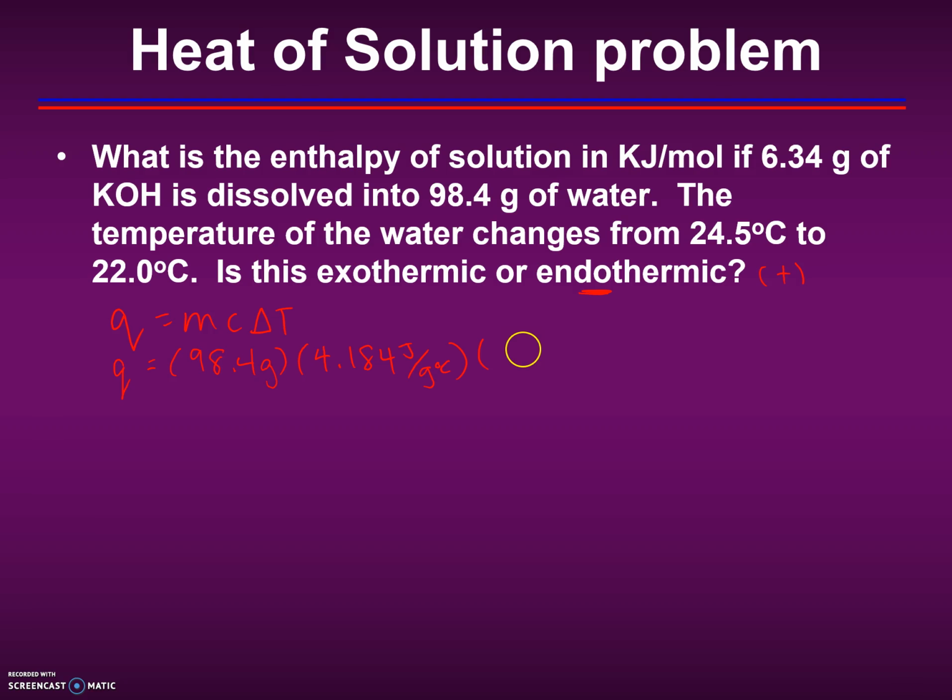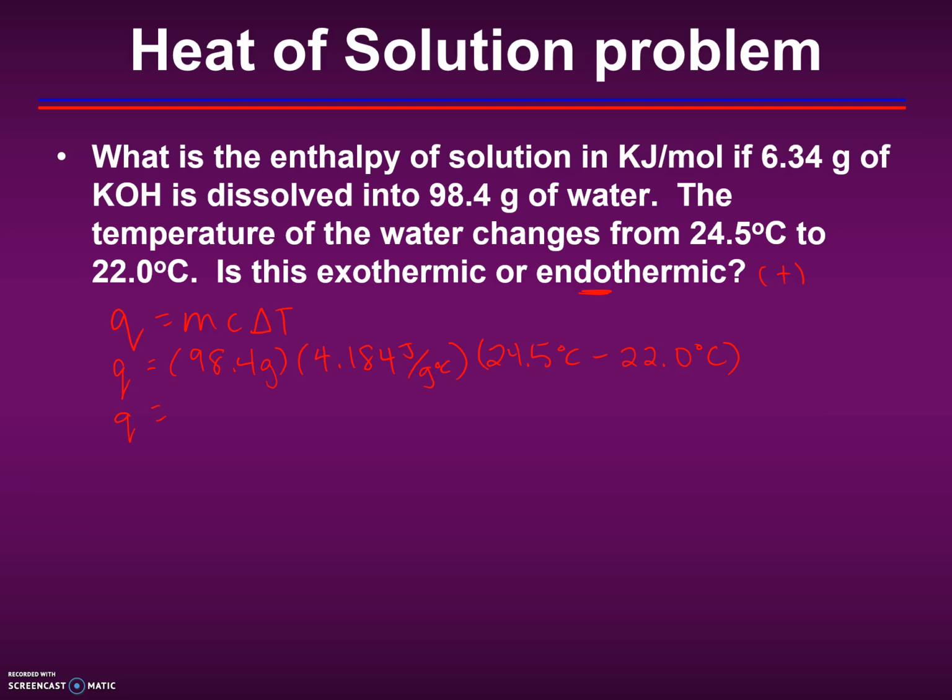And I need to use the change in temperature, 24.5 degrees Celsius minus 22.0 degrees Celsius. Now we have to calculate that. So you need to subtract the 24.5 and the 22, multiply it by 4.184, and then multiply it by 98.4.